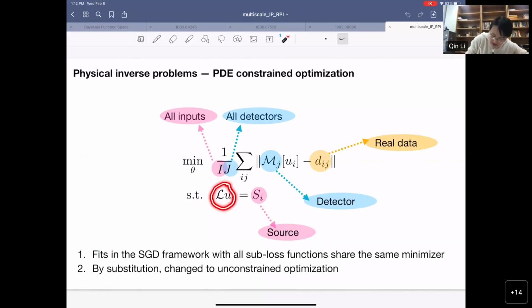You have the PDE operator acting on the solution equal to the source term on the right-hand side, and you hope the measurement of your solution would agree with the data as much as possible. So we're looking for the optimal configuration of the parameter in your PDE so that the simulated data agree with your real data. So your loss function is in this summation form.